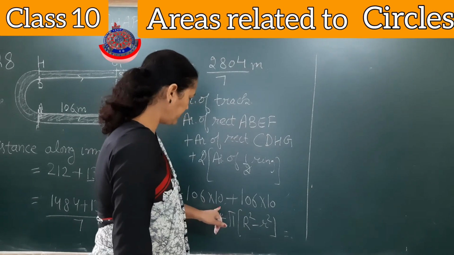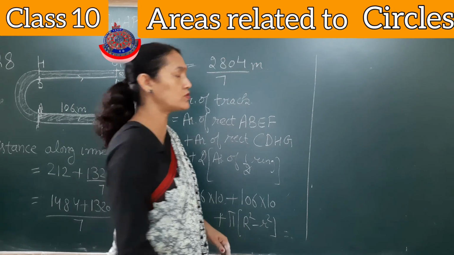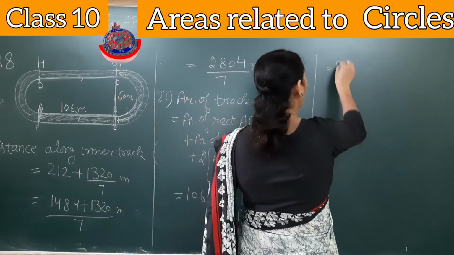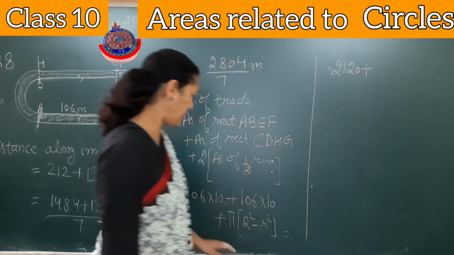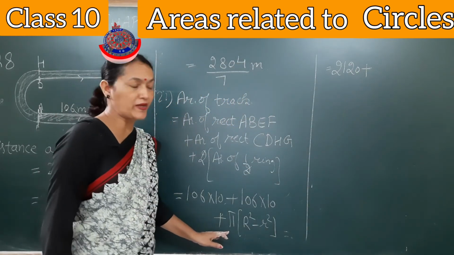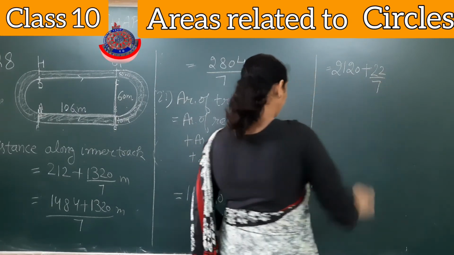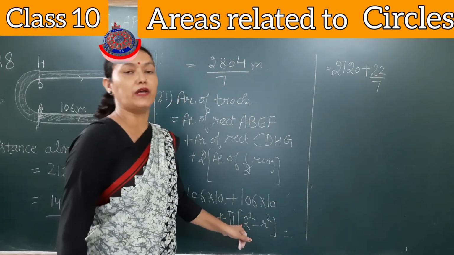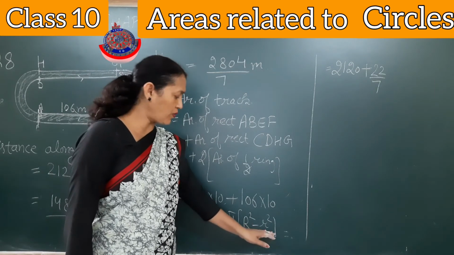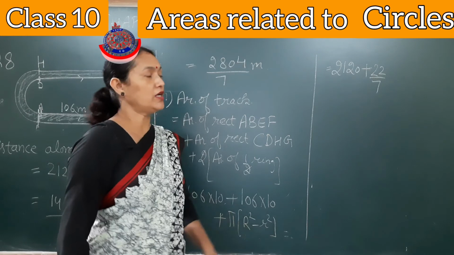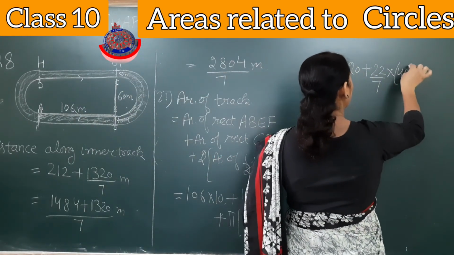106 into 10 means 1060 plus 1060. That makes it 2120 plus the value of pi is 22 by 7. Capital R, the value of bigger radius is given to be 40 and smaller radius is given to be 30. So this will be 40 square minus 30 square.